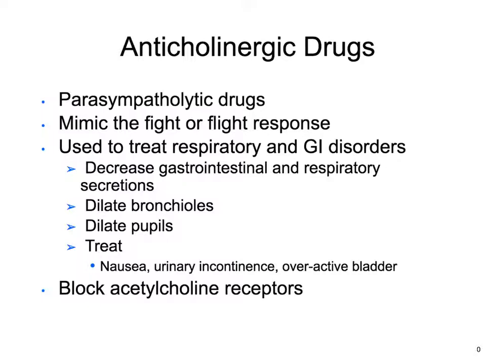So the blocked acetylcholine receptors inhibit cholinergic activity. Anticholinergic drugs generally have a very narrow therapeutic index, and they're used in Parkinson's disease to block acetylcholine or increase dopamine.